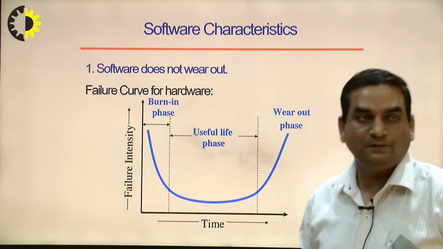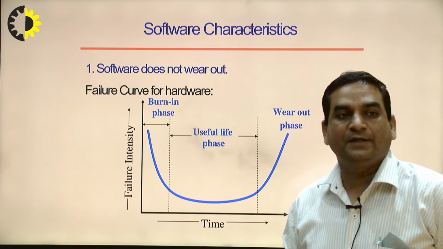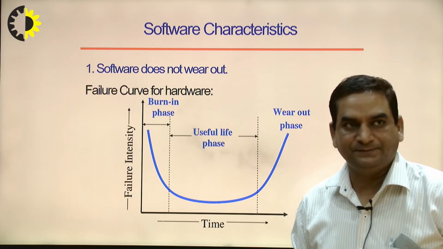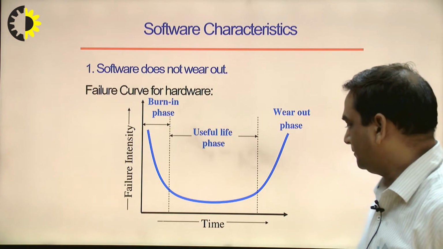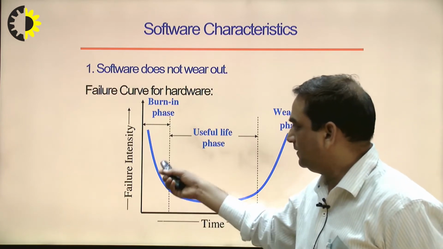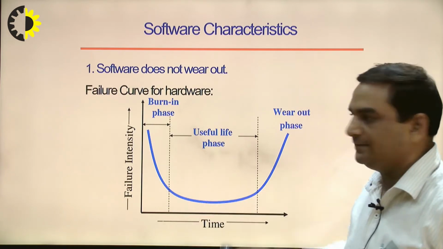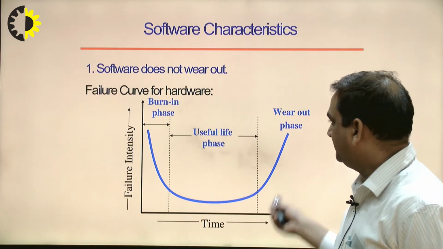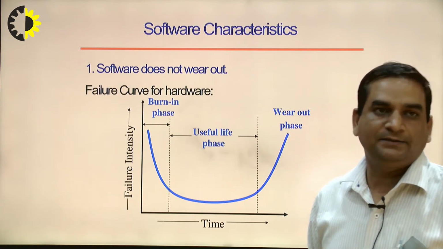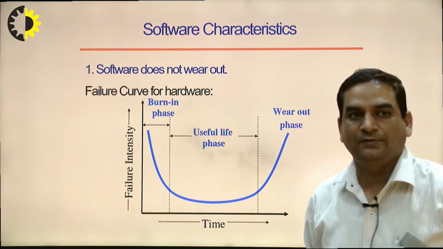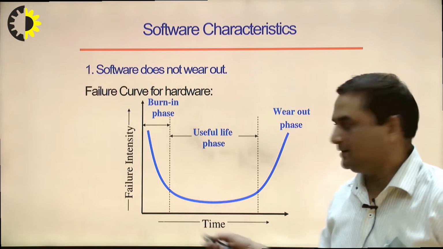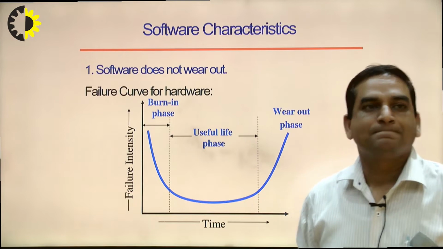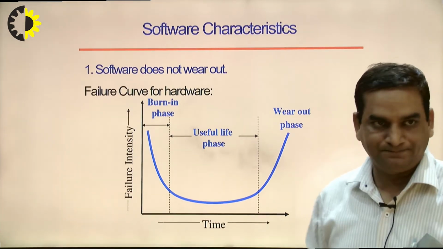Software does not wear out, but when we talk about the failure curve for hardware, first it goes into the burn-in phase, then continues in the useful life phase, and then at the end it wears out. This is like the bathtub type curve for the failure rate of hardware.